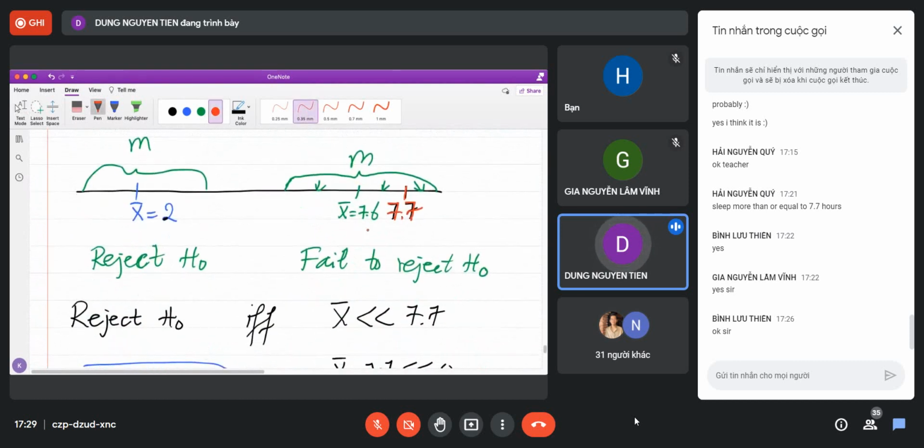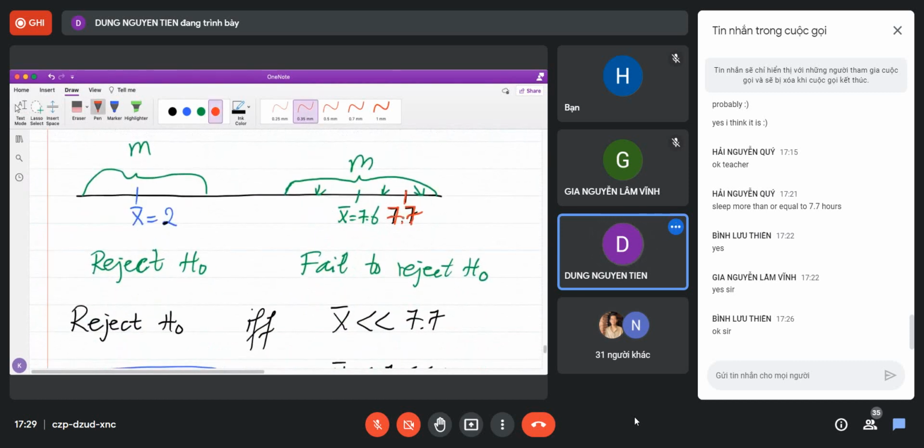Have a look at the line here. You have 7.7. If X bar is much less than 7.7, we think that m is also less than 7.7. If X bar is close to 7.7, still less than but close to 7.7, then we think that m may be greater than 7.7. There is a chance for that.